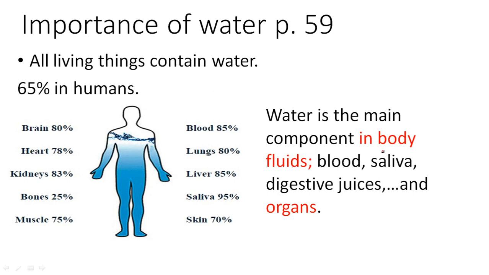Water is very important for all living things. Human beings are mainly made of water, okay, 65%. A lot of body fluids like blood, saliva, digestive juices, organs, they are made of water.